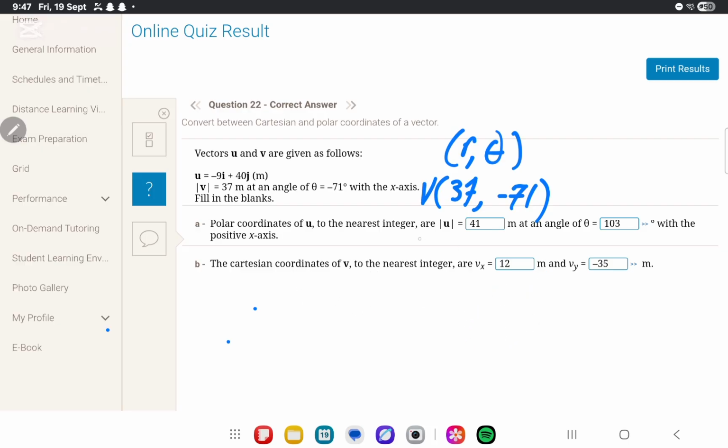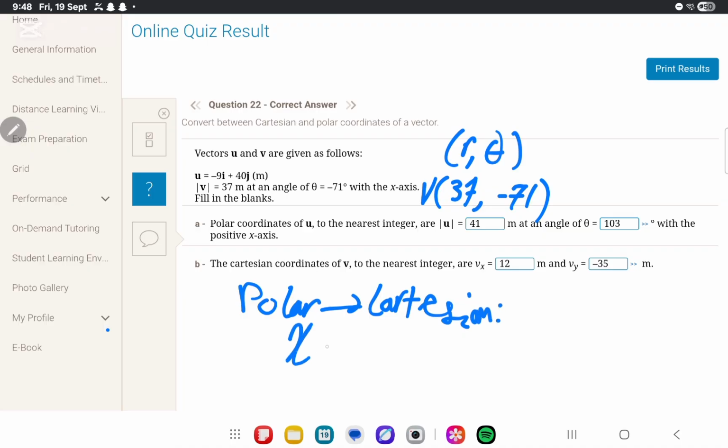This is for u. Now, v is given to you in polar. From polar to Cartesian, this is what you do. You can do x equals r cosine theta and y equals r sine theta, or on your calculator, you have this very useful button called rec. Like how you saw pol, there's also rec. Now, rec changes from polar to Cartesian, and pol changes from Cartesian to polar.